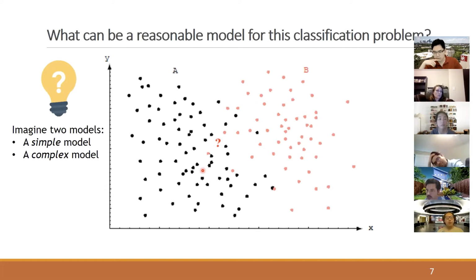Simply use a simple visual tool to help you separate them, which could be helpful to predict what this question mark should be. It stands for a point that we're trying to classify. We don't know the label yet. We try to get it. So what might be a simple model?